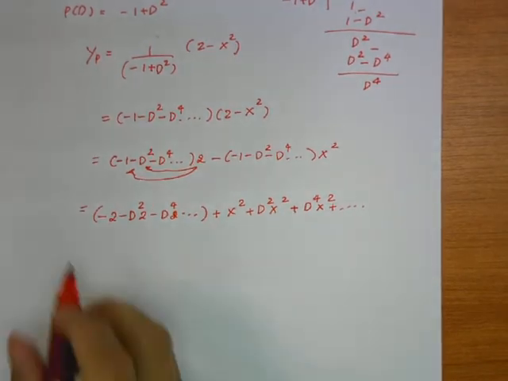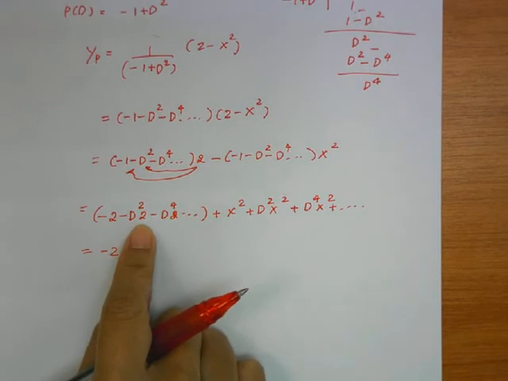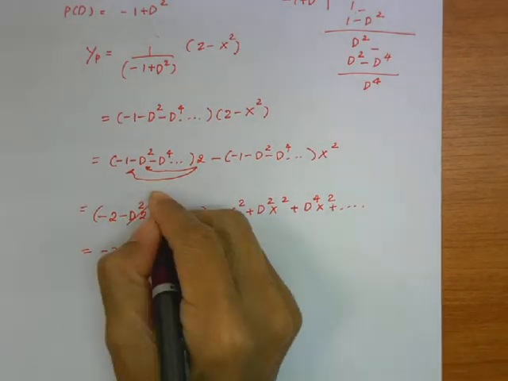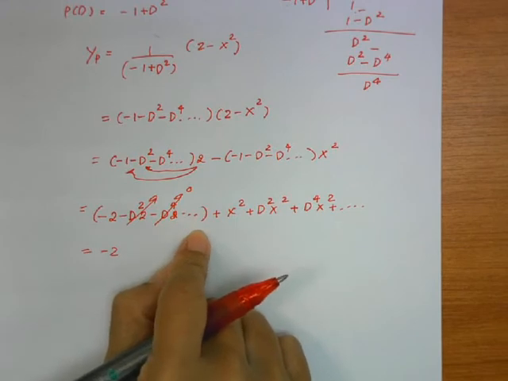Now, what is the second derivative of 2? 0. What is the fourth derivative of 2? 0. So this is 0, what do you think about the whole term, the rest of the terms? 0, they're all 0.